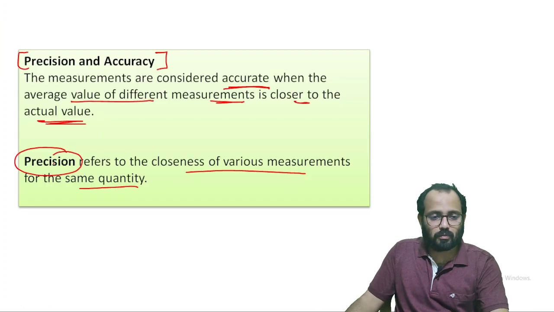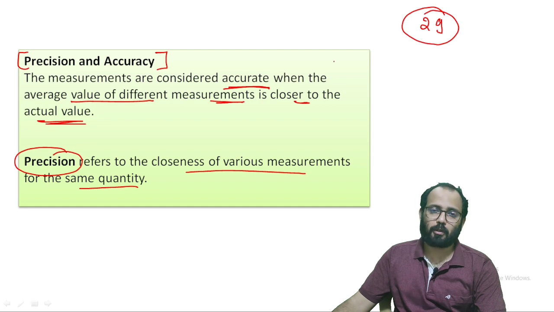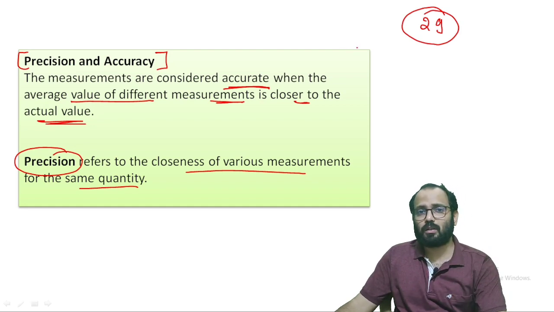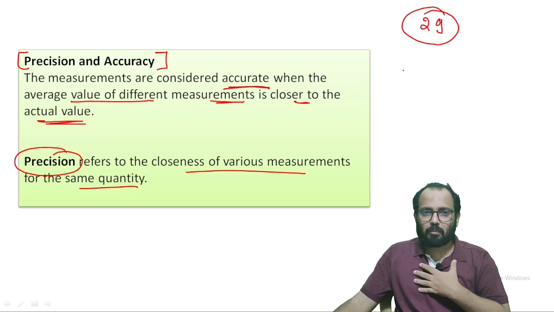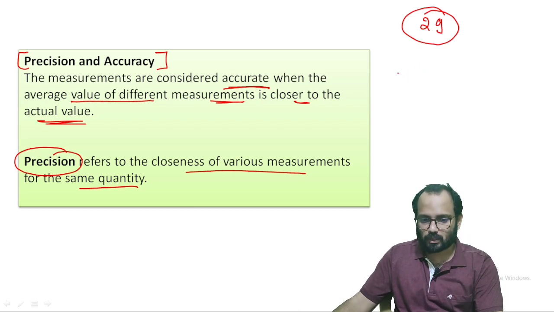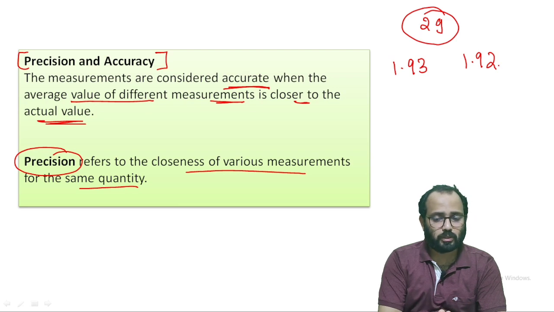Let's find out with an example. Let's say I'm measuring a quantity whose true value is 2 grams. You are measuring first and you get values like 1.93 and 1.92. These two are the measurements you have taken. These two are very close to each other, right?